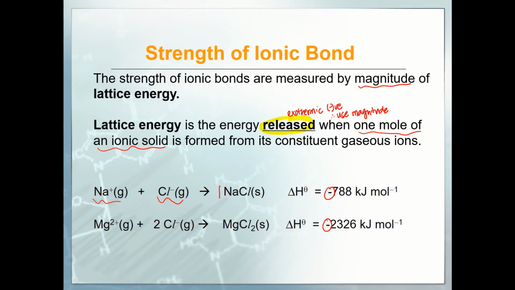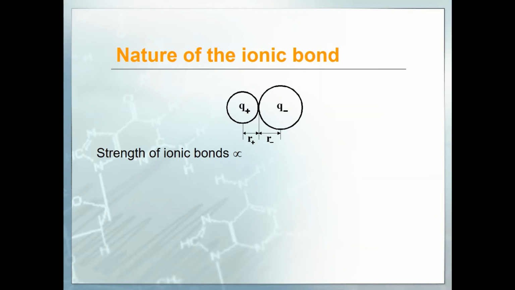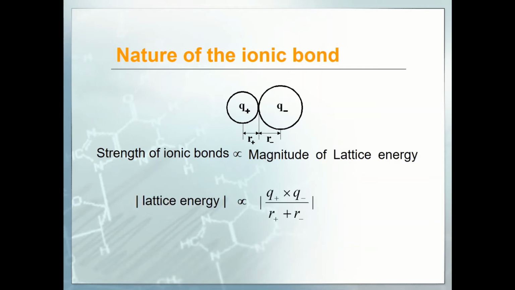Now why do we need to talk about lattice energy? Because we can make use of lattice energy to talk about the strength of ionic bonds. The strength of ionic bond is proportional to the magnitude of lattice energy, and the magnitude of lattice energy is proportional to Q+ times Q- over r+ plus r-. What are all these terms?